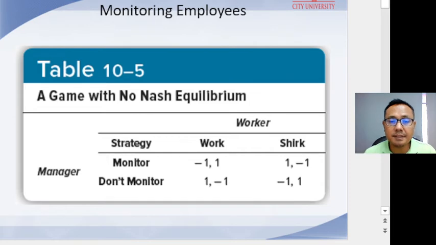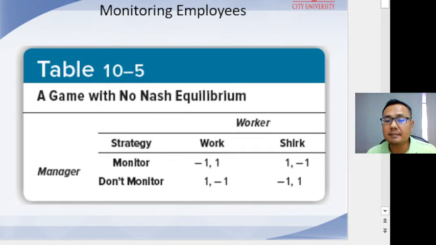The interpretation of this normal form game is as follows. If the manager monitors while the worker works, the worker wins and the manager loses. The manager has spent time monitoring a worker who was already working. In this case, suppose the manager's payoff is -1 and the worker's payoff is 1.